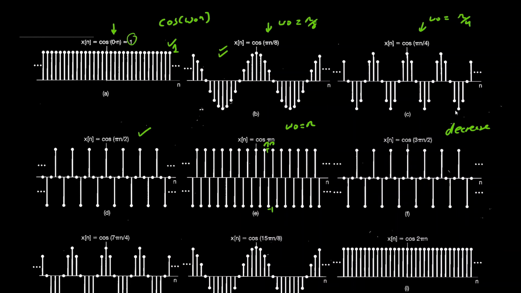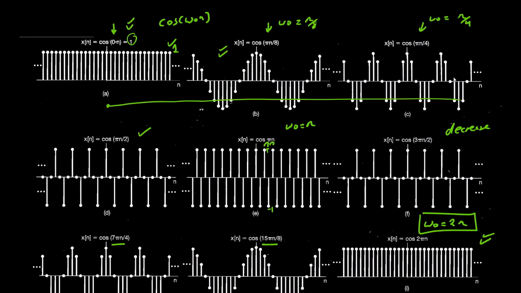When omega naught is 7 pi by 4, 15 pi by 8, and at cos 2 pi, when omega naught is equal to 2 pi, we would have exactly the same signal as the first one. So the oscillation would increase until a point, and then it would start to decrease, and then the behavior would repeat itself.